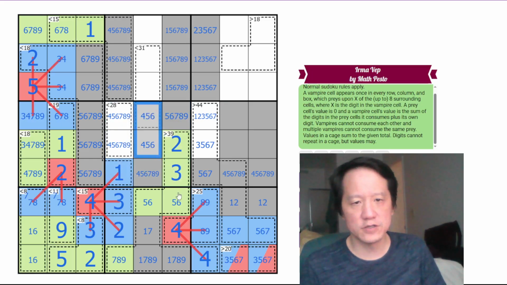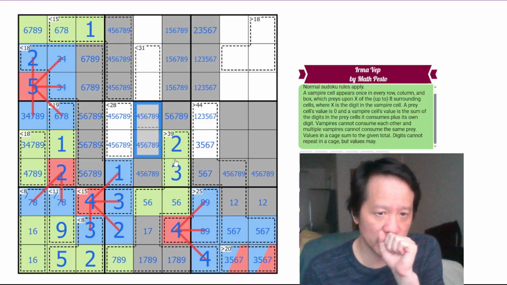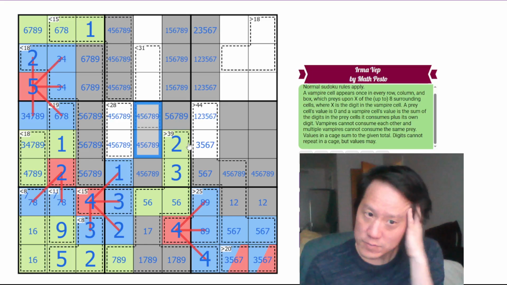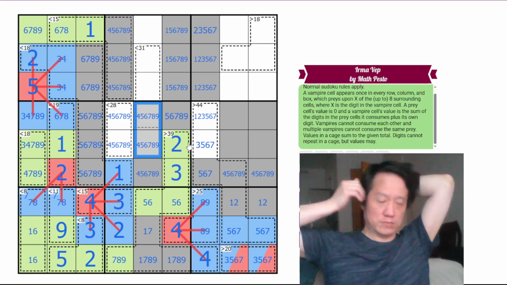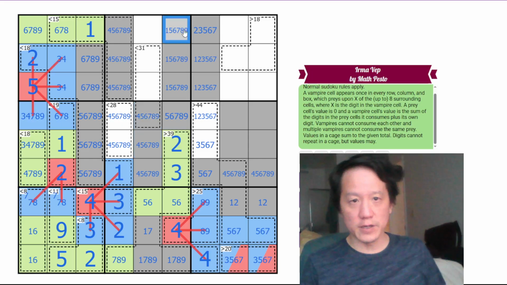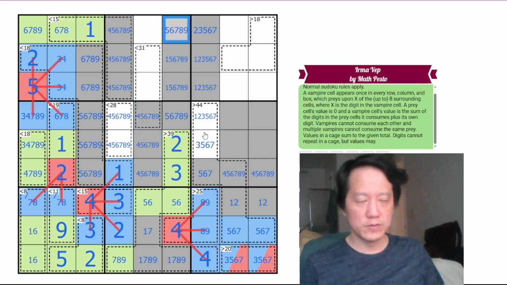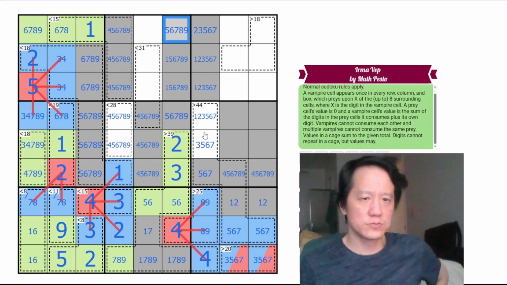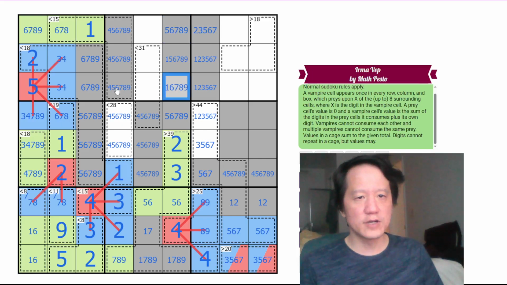The remaining digits here are 4 through 9. So 1 cannot be here either. 5 cannot be here. 5 cannot be here.